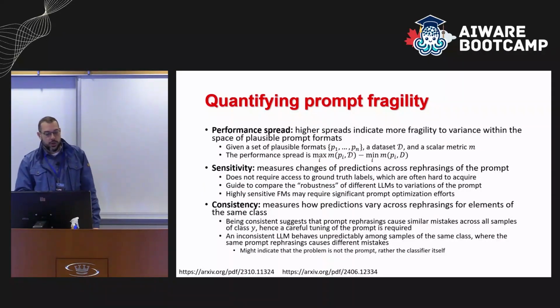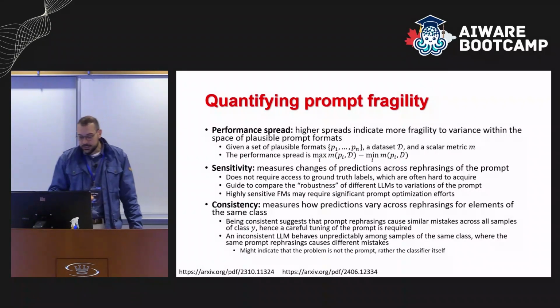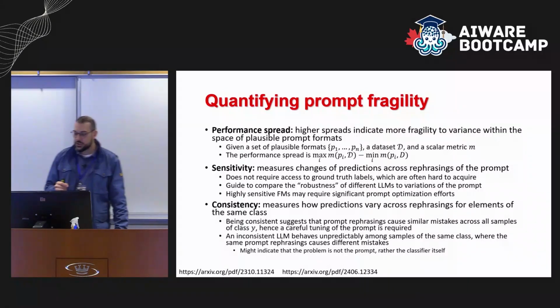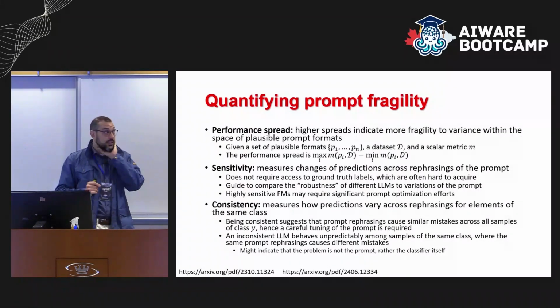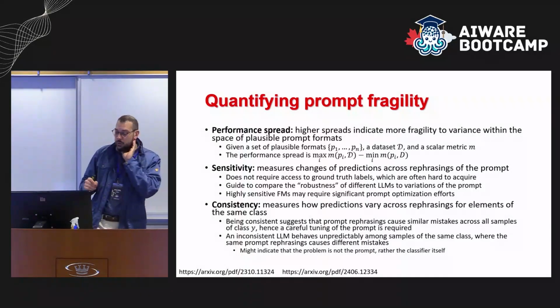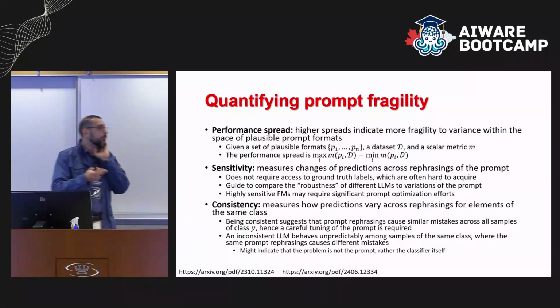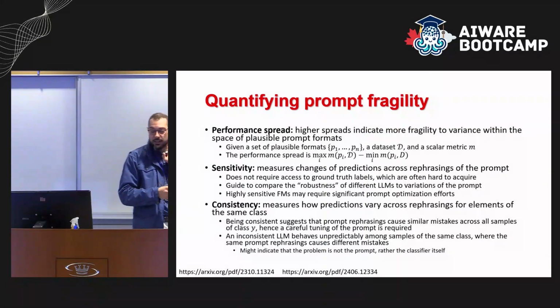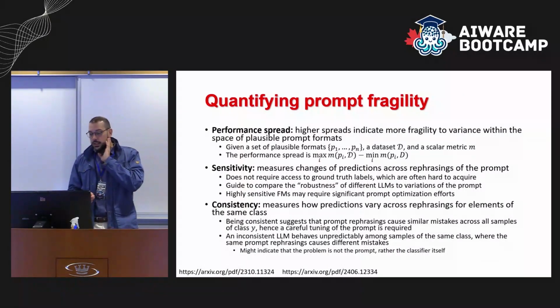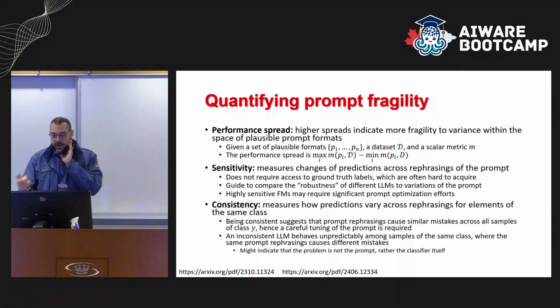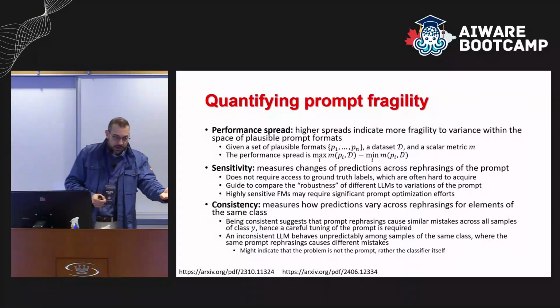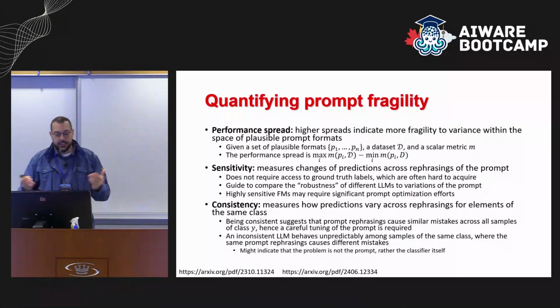We also have something called sensitivity, which measures the change of predictions across rephrasings of the prompt. The nice thing about this metric is that it does not require access to ground truth labels, because you're going to rephrase the prompt and verify how the predictions change.